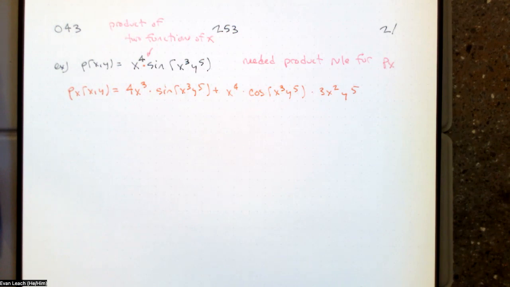Do we need the product rule for the partial with respect to y? Not a trick question. I'm not being a dick about that. We can avoid the product rule for the partial with respect to y. And why is that?